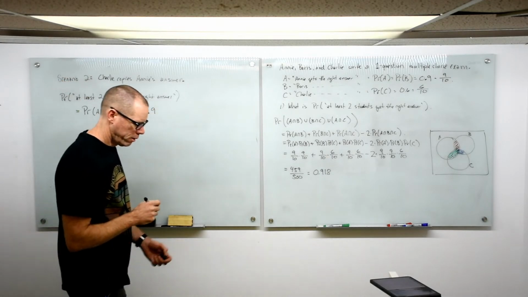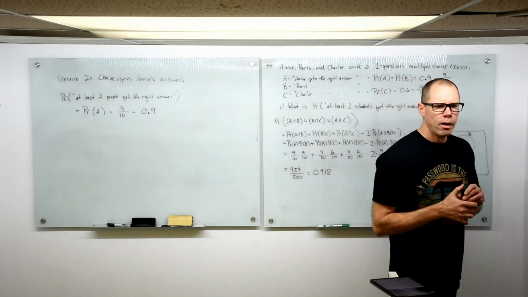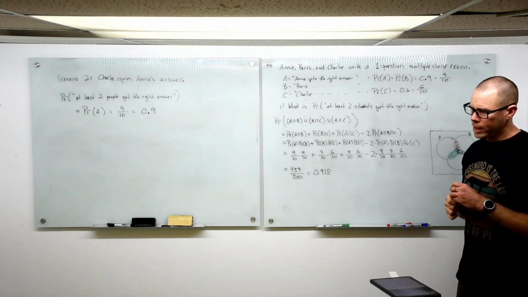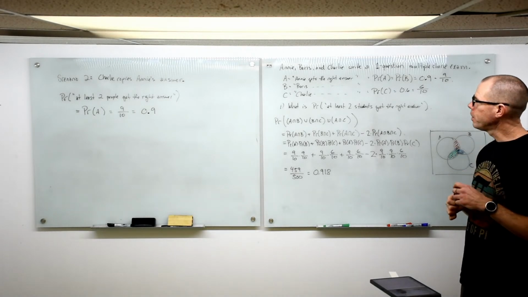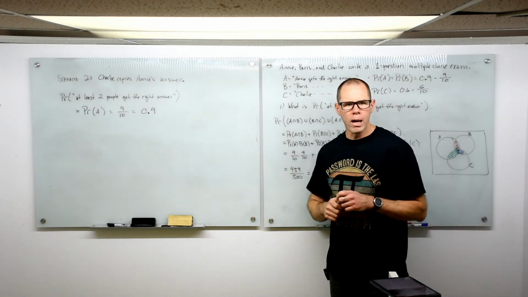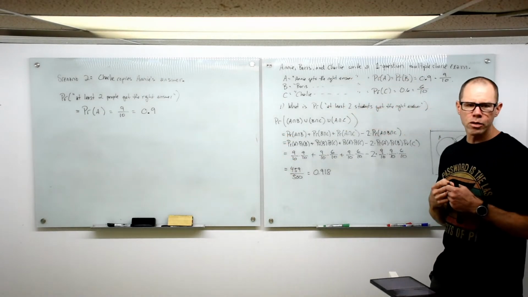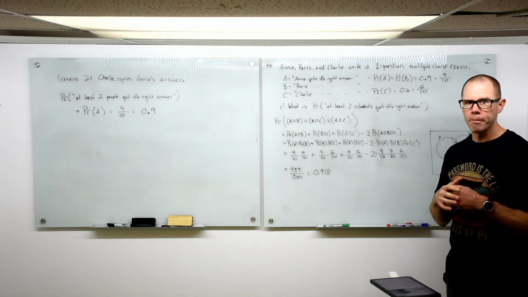Okay, that's sort of an easy exercise. Why is this surprising? Well, it's surprising because under scenario 2, people should be doing better. Charlie's chances of getting the right answer jumped from 60% to 90%.